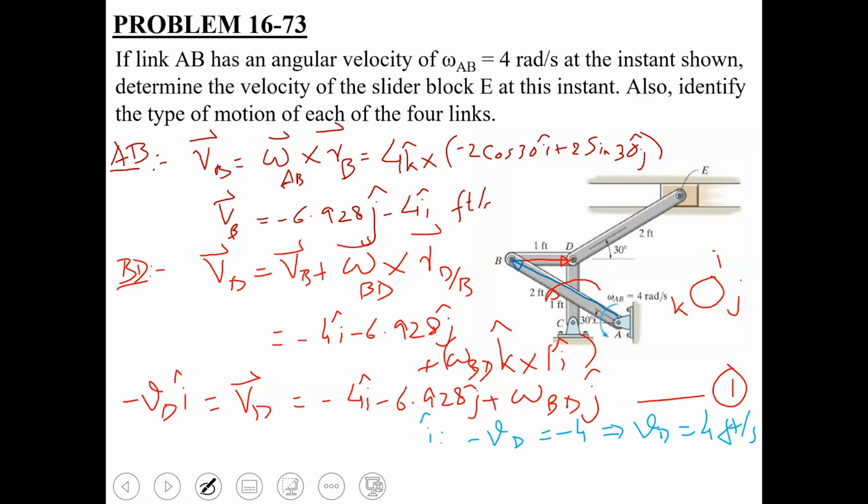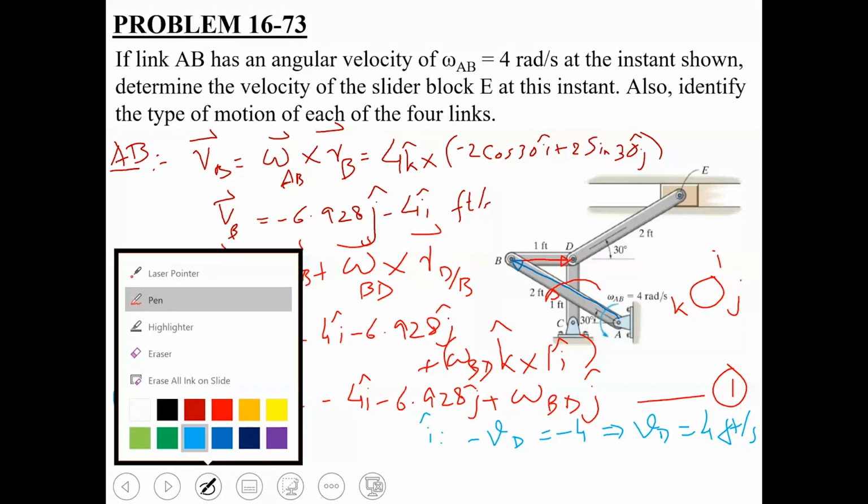Now what does this 4 represent? It came out positive, so does it mean the velocity is towards the right? No, left. Positive means that the assumption you made, that D is moving towards the left, was correct. That's why VD came out positive. Is this point clear to all of you?